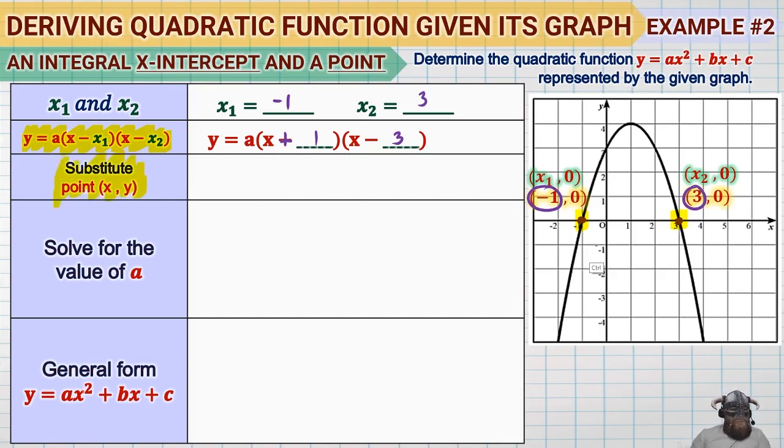So, kuha muna tayo ng point. Saan kaya yung pwede dito? Yan. Try natin tong vertex. Pwede rin yan magamit. Point pa rin naman siya sa parabola. So, that point on the parabola will be 1, +4. So, lagay lang natin dito, xy, 1, then 4.